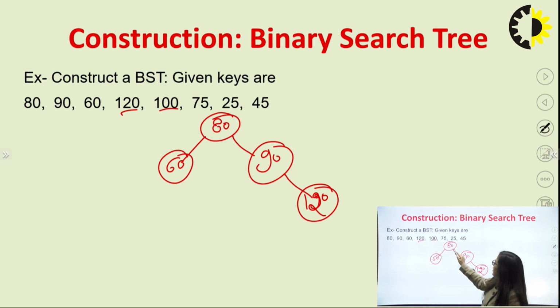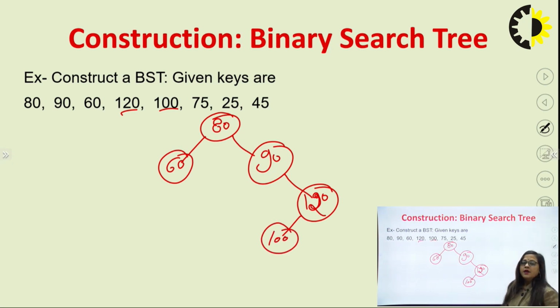100 is greater than 80, so move to the right direction, and again check 90. 100 is also greater than 90, so move right again and check if 100 is greater than 120. No, so it moves to the left of 120.